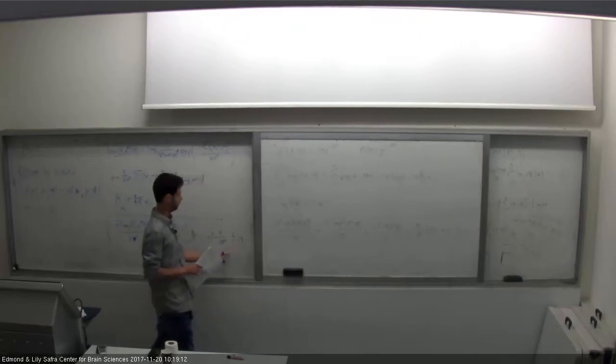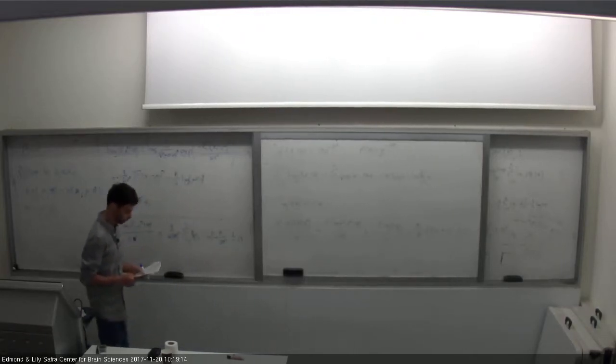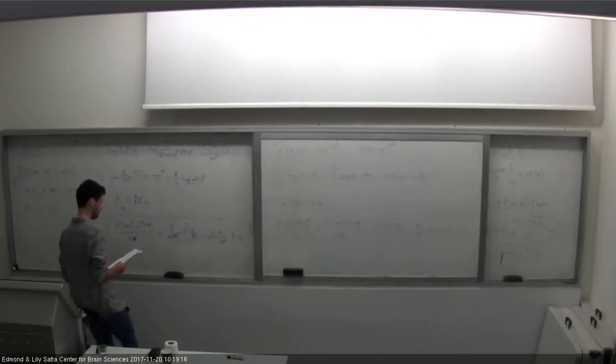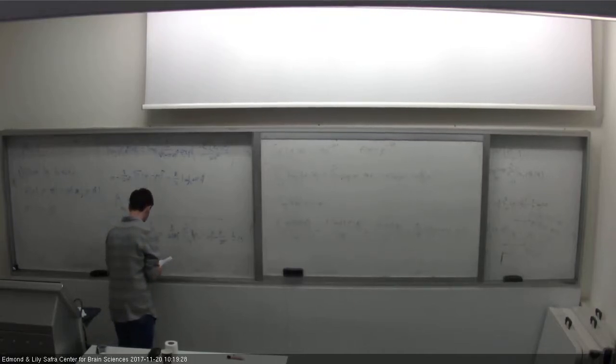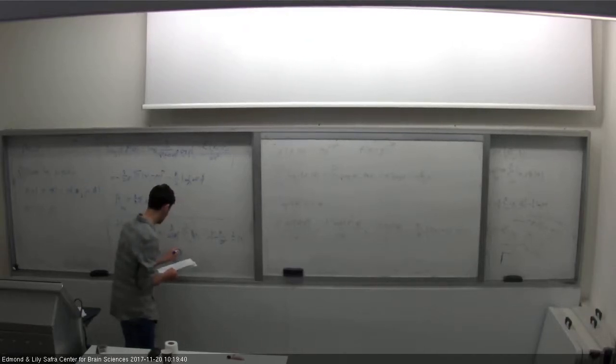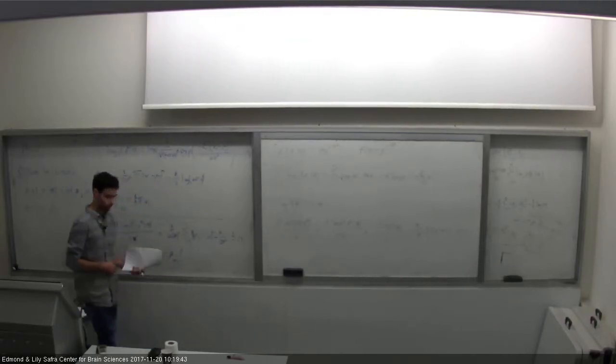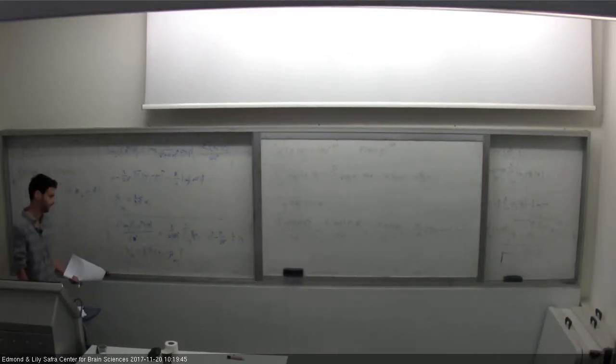We want it to be equal to 0. So we get that sigma squared of the maximum likelihood estimator is equal to 1 over n sum over xi minus mu hat squared.